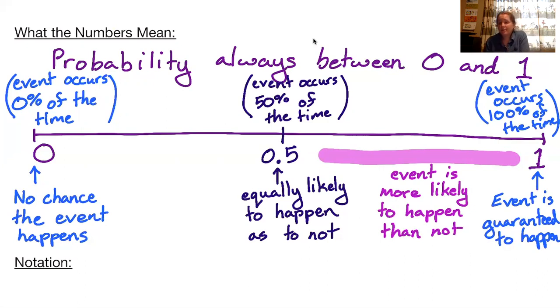In terms of percent, there's more than a 50% chance of the event occurring, or the event occurs more than 50% of the time.